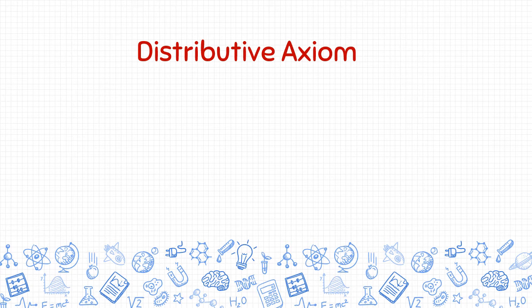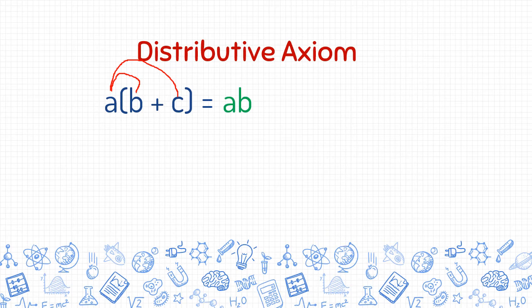So next, distributive axiom. For example, A, open parenthesis, B plus C, close parenthesis, or A multiplied by the sum of B plus C. You're just going to distribute A to B and A to C. So A multiplied by B, we have AB. Then copy the operation.